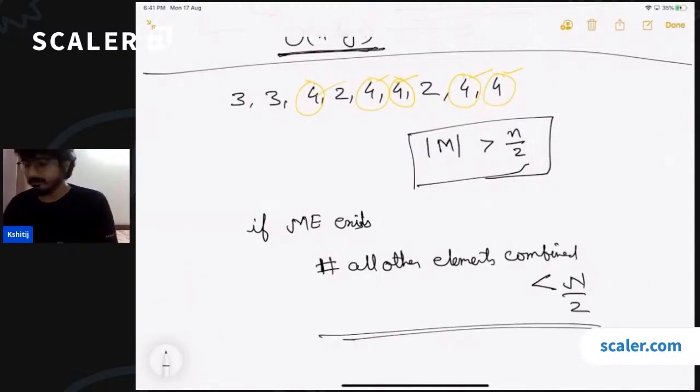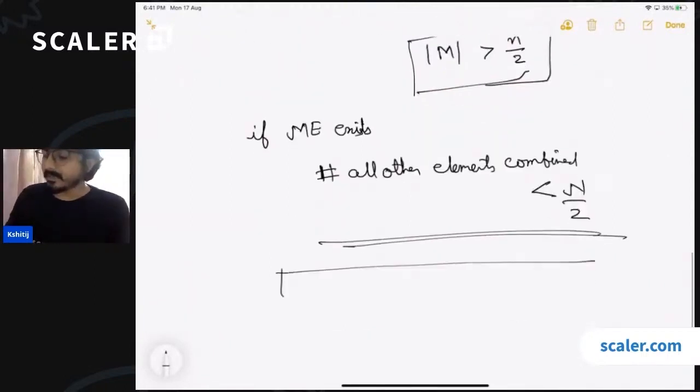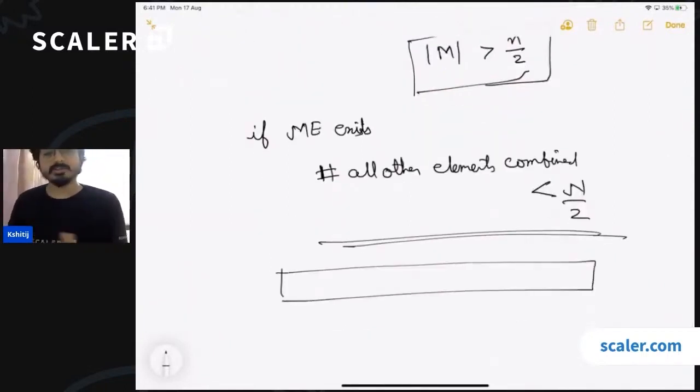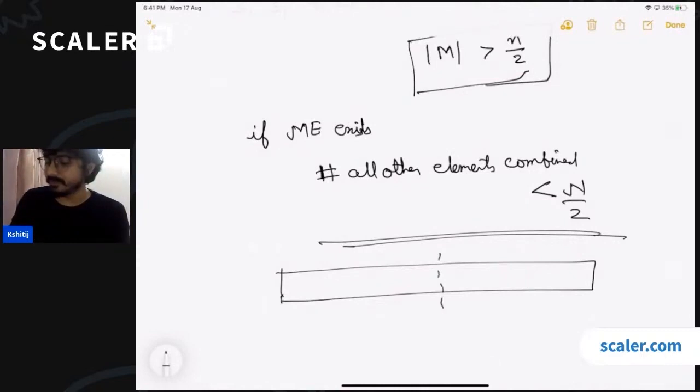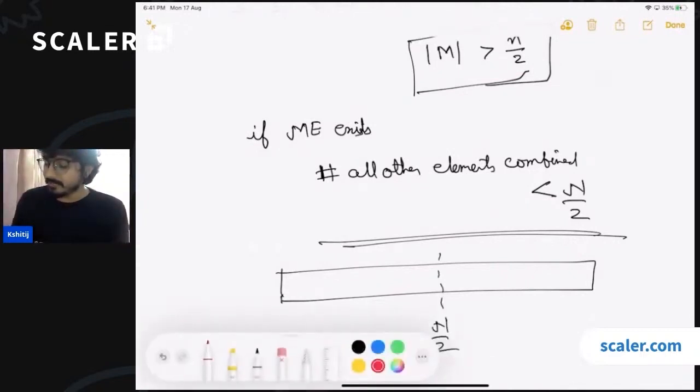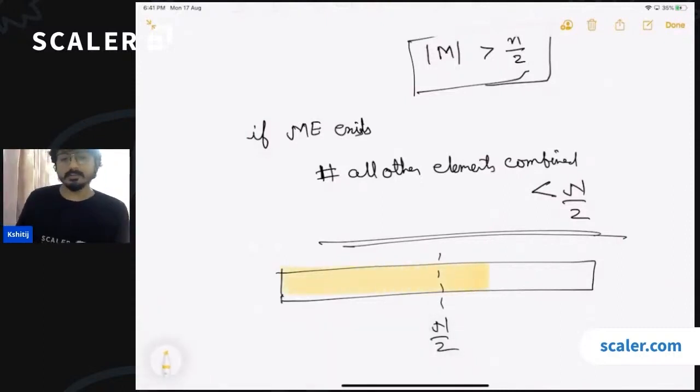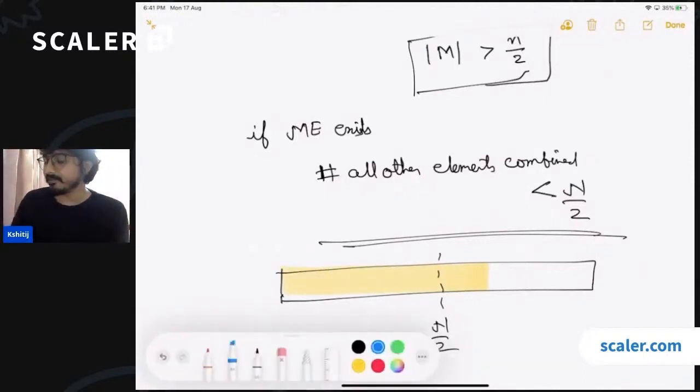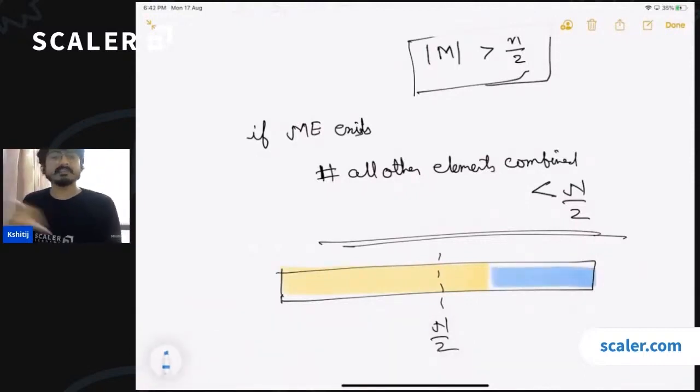Obviously yes, right? Because half of the array has been occupied by the majority element. If you collect all the majority elements together starting from the 0th index, and if this is the n by 2 mark, the majority element will definitely go beyond n by 2. So the remaining space left in the array is obviously less than n by 2, correct?